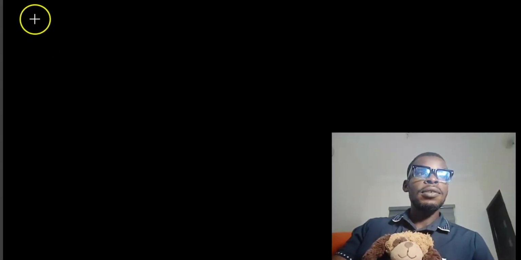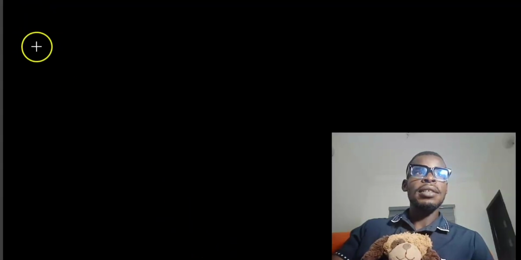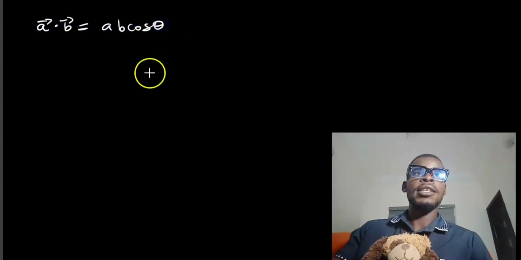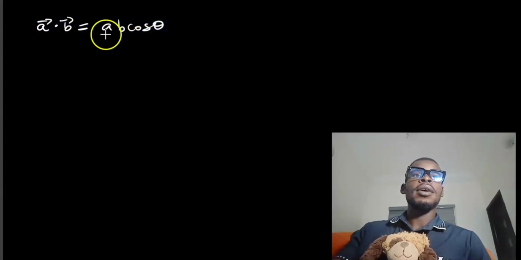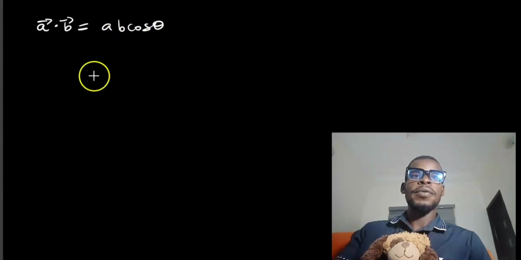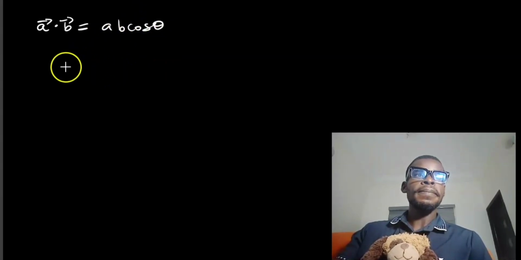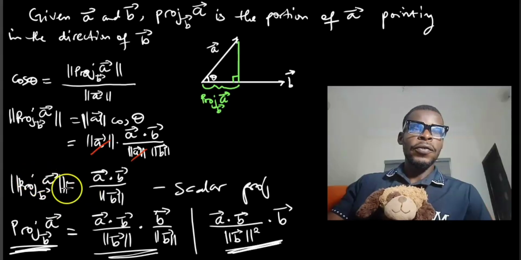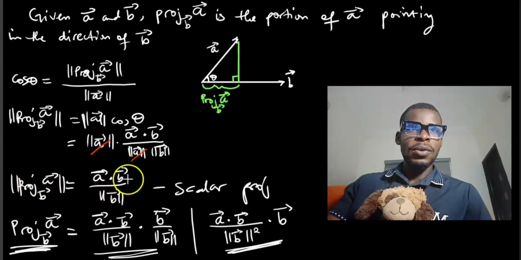In our previous videos, we defined the dot product of two vectors, that if you're given vector A and vector B, then the dot product is the length of vector A times the length of vector B times cosine theta, where A and B here represent the length of vectors A and B respectively. Good. Now, using this result from the scalar projection, observe how it looks.